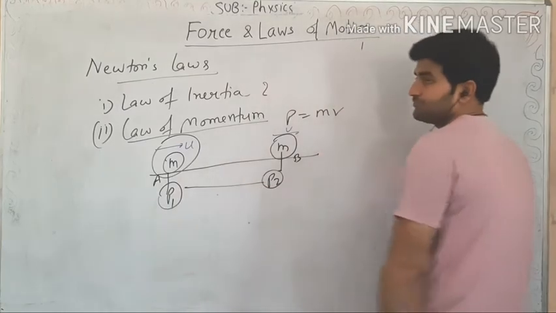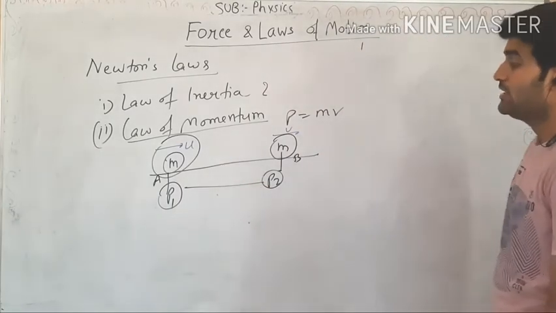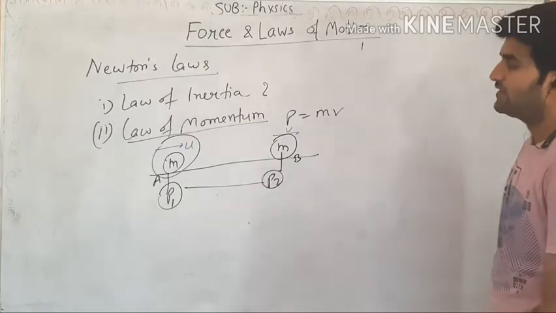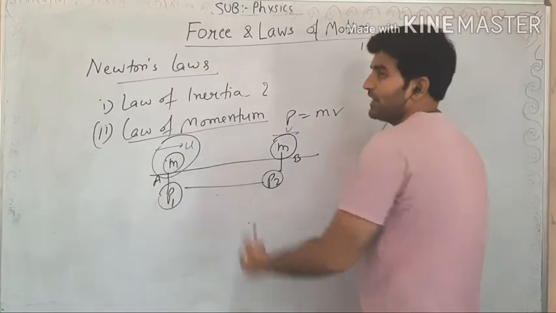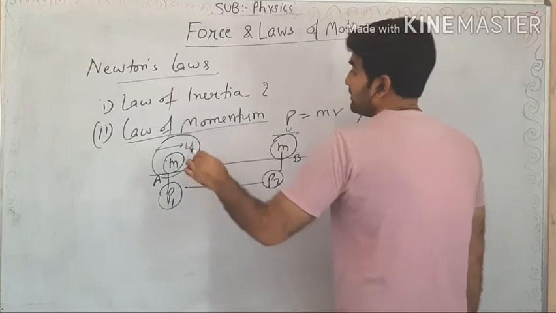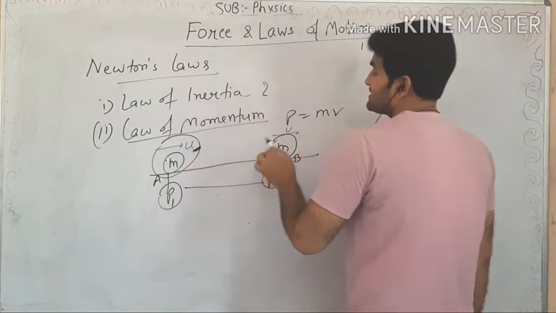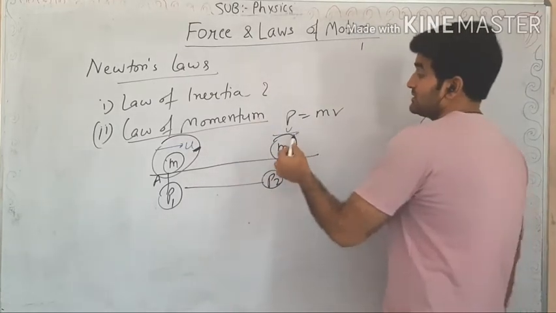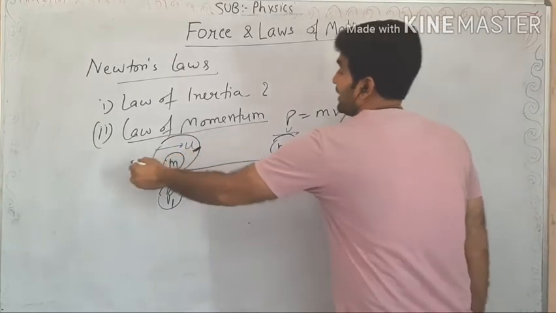How is it happening? Why has it changed? So we measure this change, the rate of change in momentum. Obviously, it is directly proportional to the applied force, because without applying any force, a body doesn't change its velocity. If there is a change in velocity, definitely a force is applied on it.